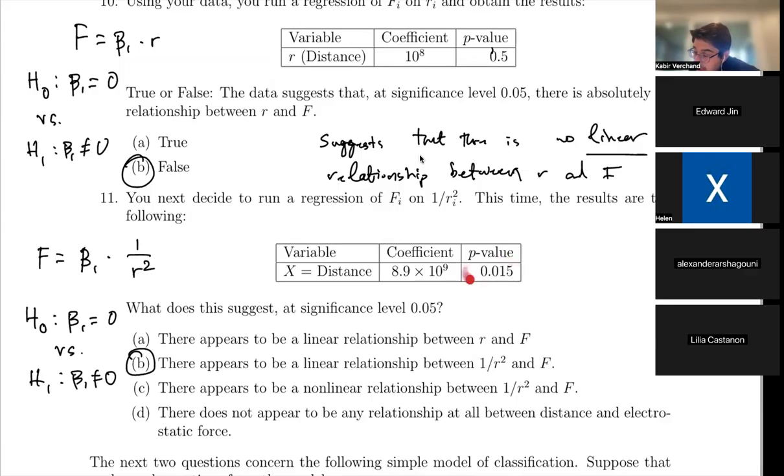But here, because the p-value is very small, it's less than the significance level, which is 0.05, you can actually reject the null hypothesis, which seems to suggest that there is a non-zero coefficient beta 1 that actually fits this model, which means that there's a linear relationship because there's this coefficient here, which is not 0, between this quantity and this quantity. Does that clarify it? Yeah, thank you. Okay.